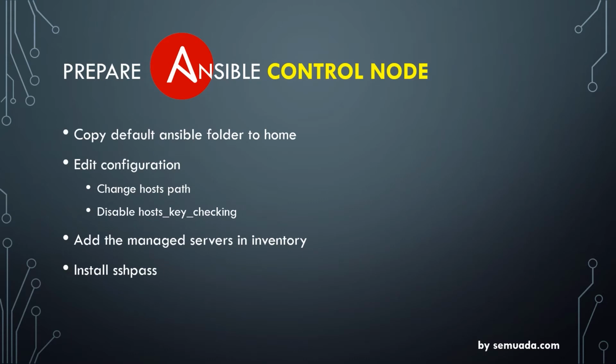On the control node, we are going to copy the default Ansible folder to the home folder, so we can make changes in the home folder and keep the default Ansible folder unchanged as a backup. And then we also need to edit the configurations. We need to change the host path and disable host key checking. After that, we need to add the managed servers in the inventory and then install sshpass.